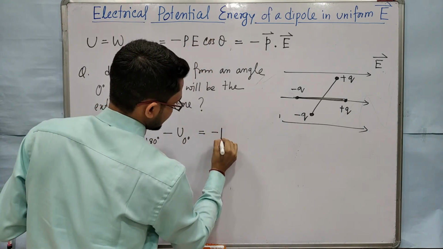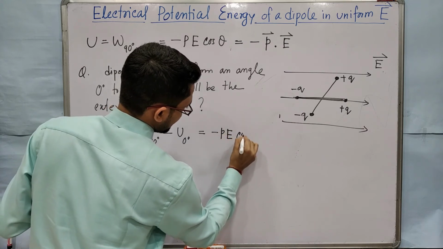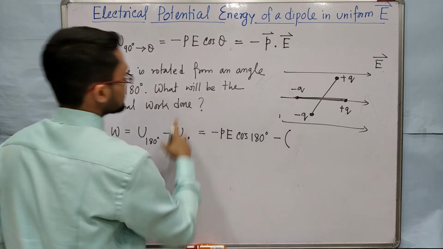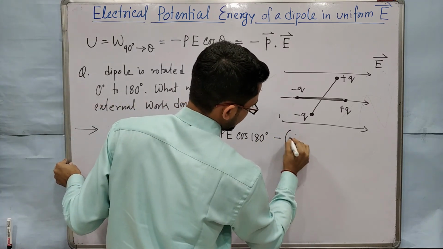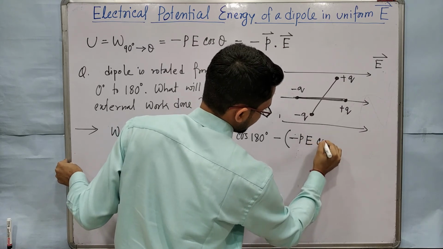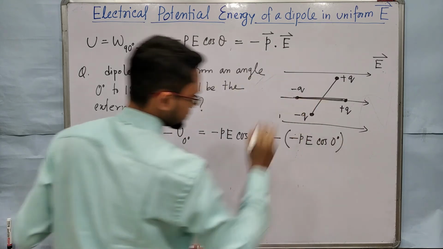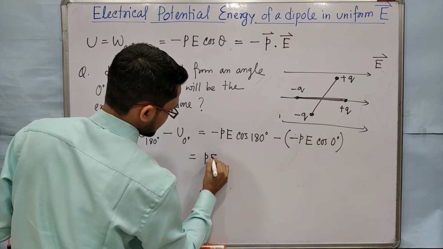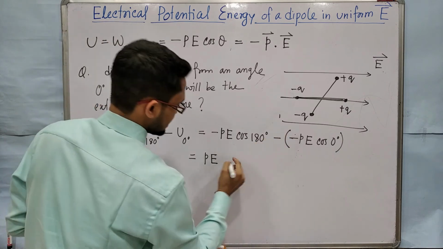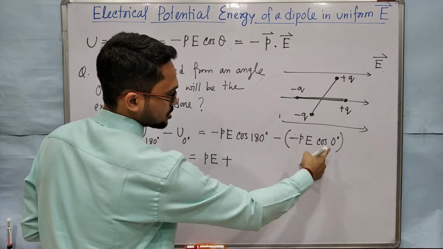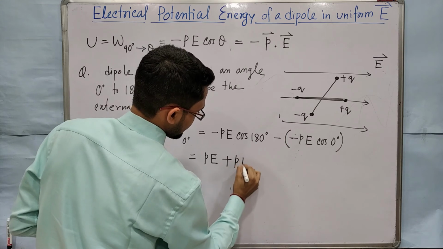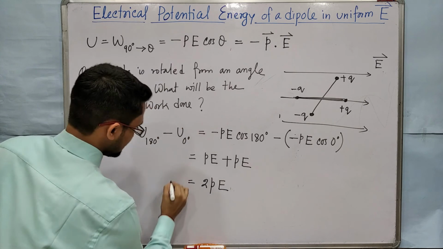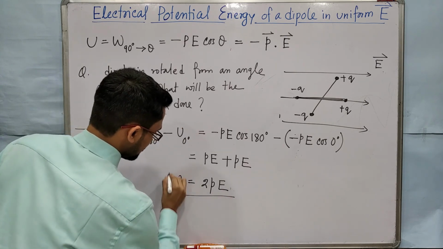So it will be minus pE cos 180 degree, minus, minus pE cos 0 degree. Minus p cos 180 means negative, so it will be pE only. Minus p cos 0, cos 0 means 1, so it is pE. So 2pE. So work done here is 2pE.